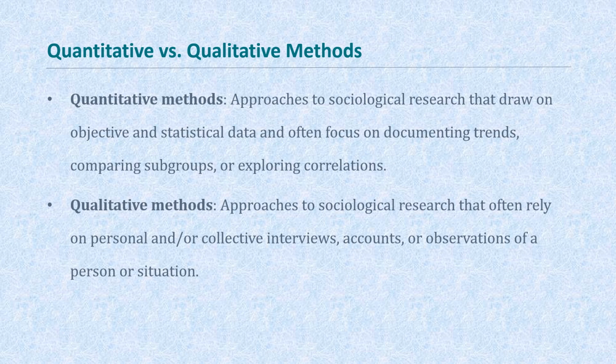There are two main types of methods in doing sociological research. One is quantitative and one is qualitative. Quantitative approaches to sociological research draw on objective and statistical data and often focus on documenting trends, comparing subgroups, or exploring correlations.